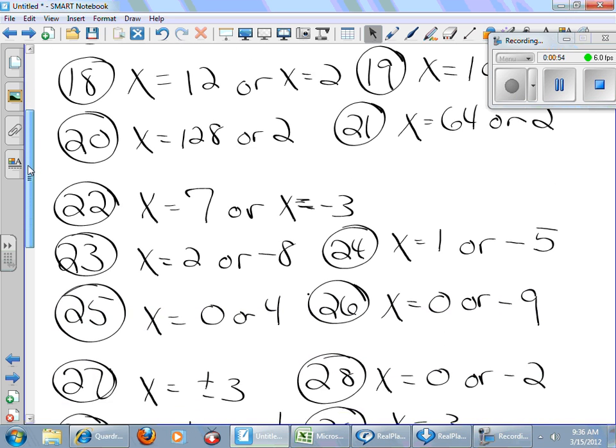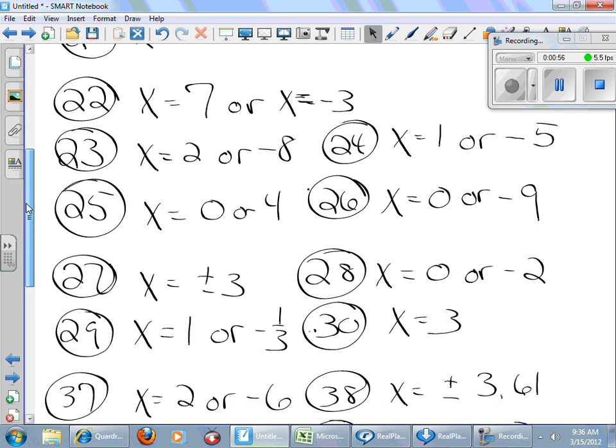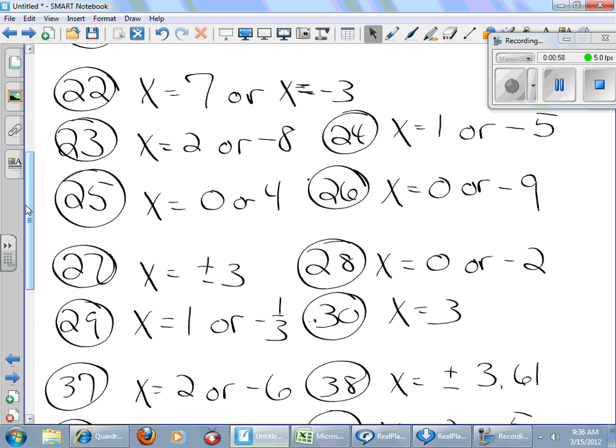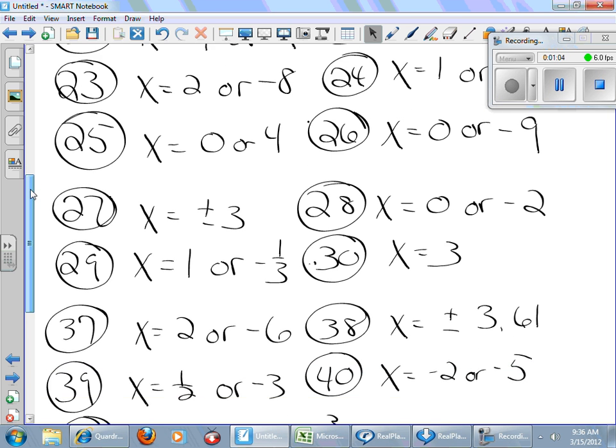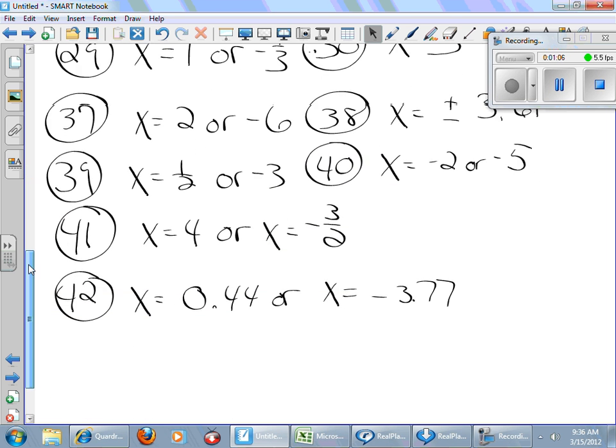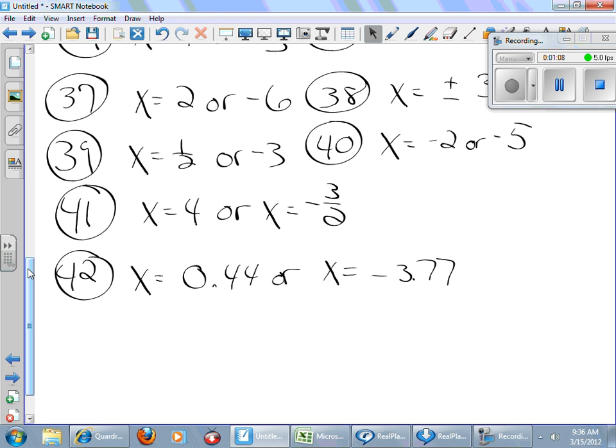Hopefully you've seen them. You can always back up. There's 22 through 38. You can always pause the video if you need to. And there's 39 through 42. You can always pause and look at them, so you can't say he's going too fast.